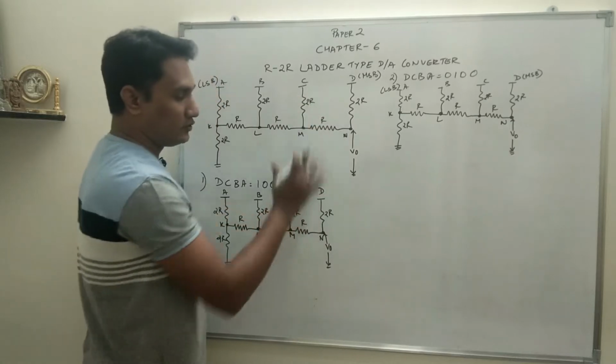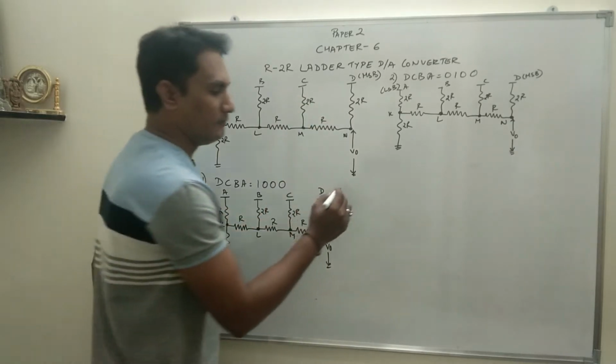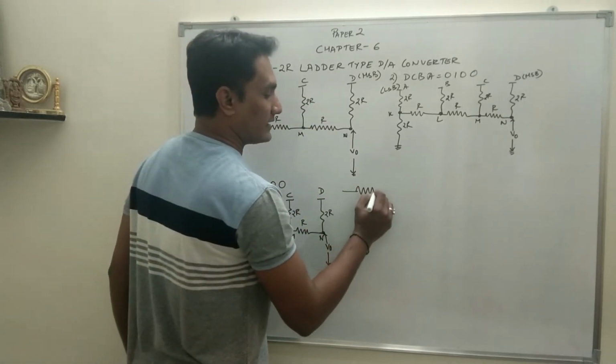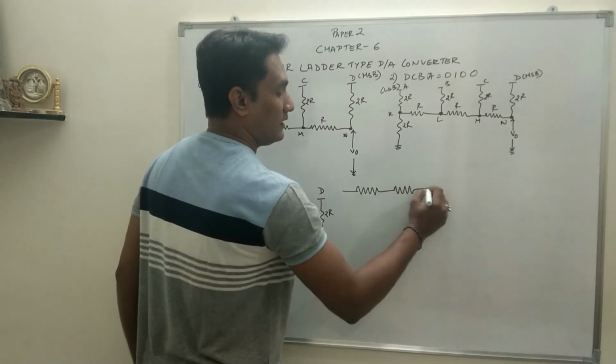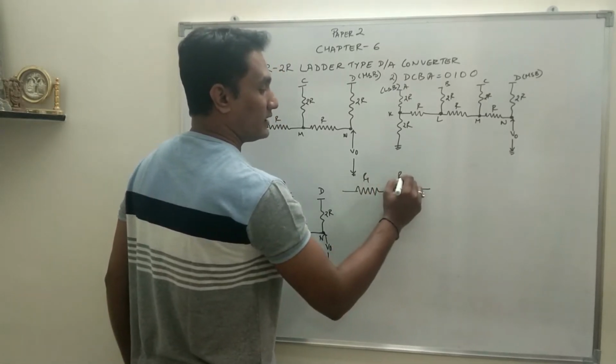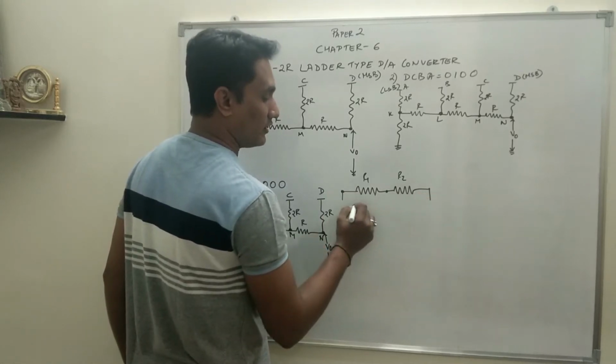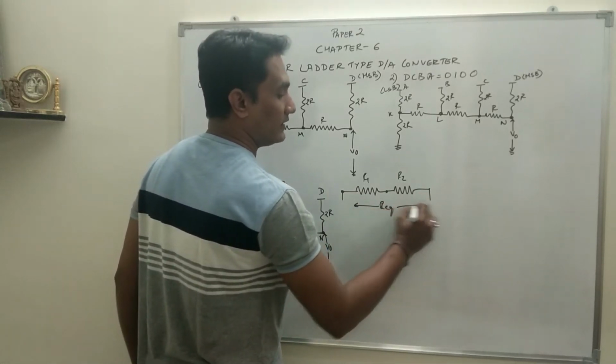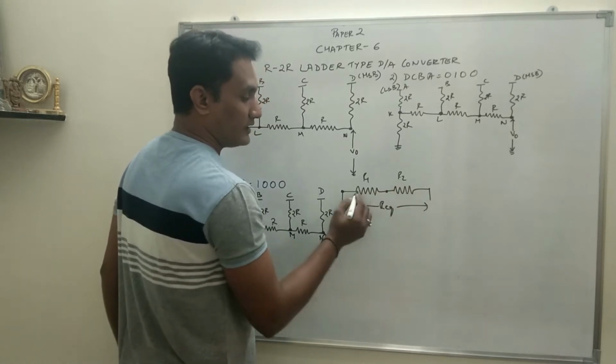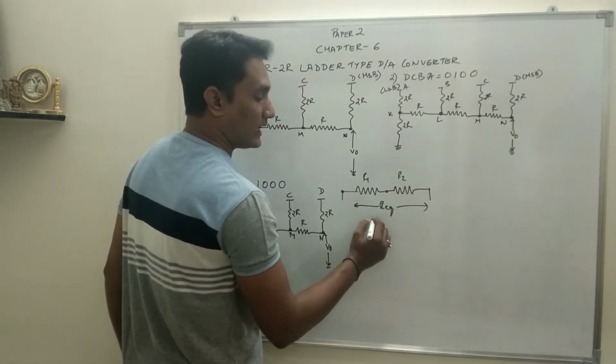Before going to the explanation part, I'll just tell you in brief what exactly we mean by series. If R1 and R2 are connected like this, the overall resistance R equivalent between these 2 points, we can see R1 and R2 are in series.